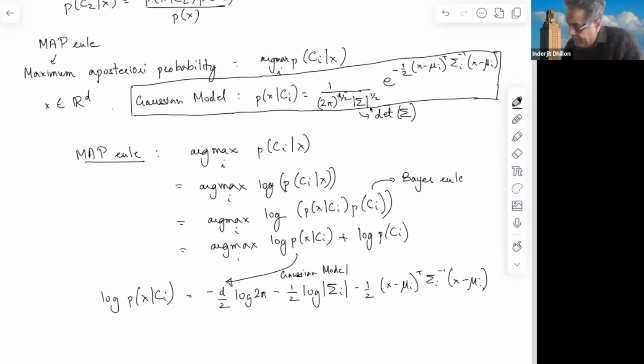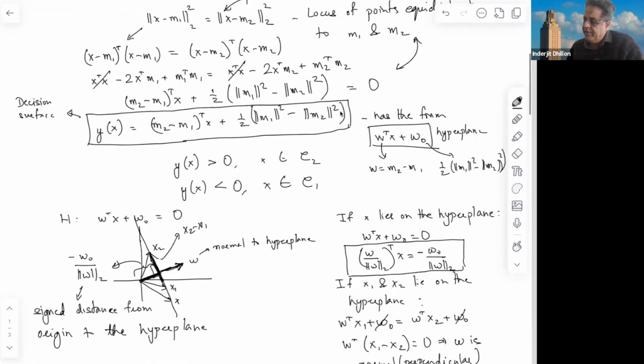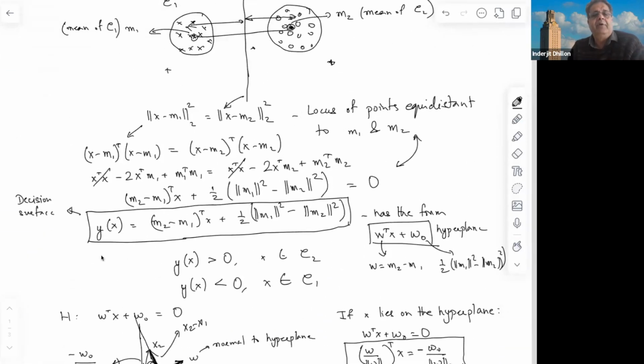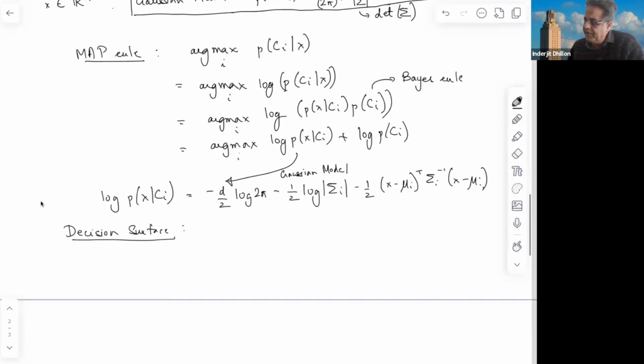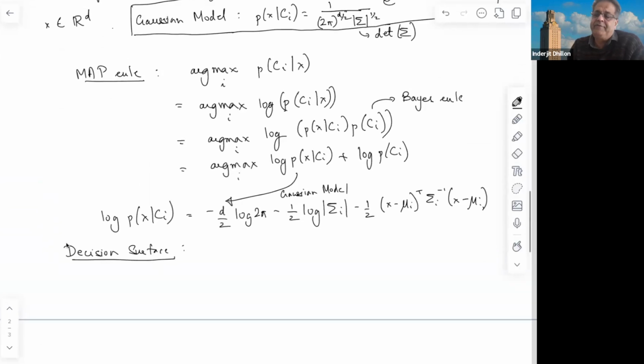Okay. And the decision surface, kind of analogous to what we did over here, right? Here was the decision surface. So the decision surface is going to be the x's where the posterior is equal, right? Or the log of the posterior is equal.